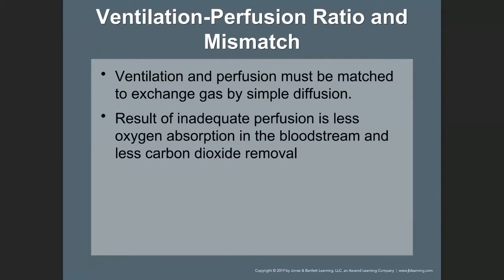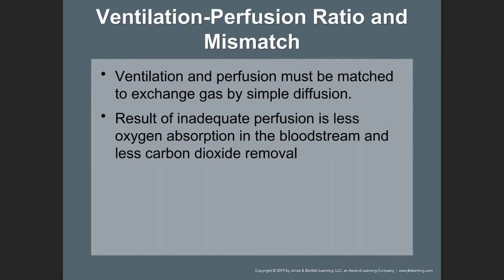So at the point that oxygen reaches the alveoli, blood must be in the capillaries, coming from the right side of the heart, that is deoxygenated, to pick up that oxygen that is in the alveoli. If that blood is not able to do that, then it will return to the left side of the heart deoxygenated, and that can cause problems because the body is now going to retain carbon dioxide.